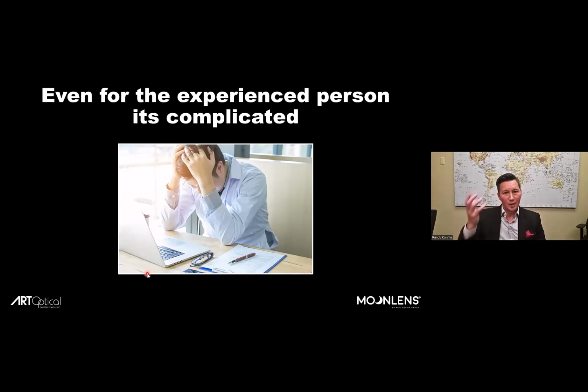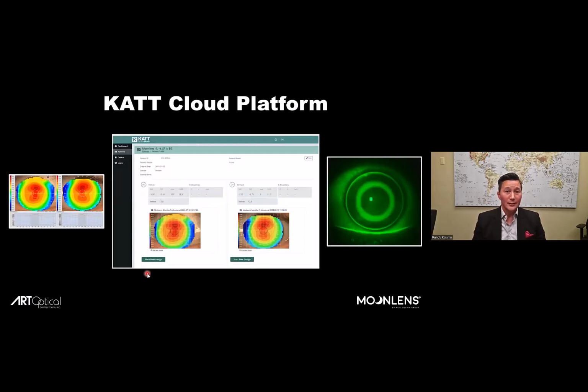It's just uploaded to the cloud, and the art team has what they need to build the lens. So this platform is really a key piece of software for efficiency in ortho-k, by using the topography and pulling all the information automatically from the topography and designing the lens from it.